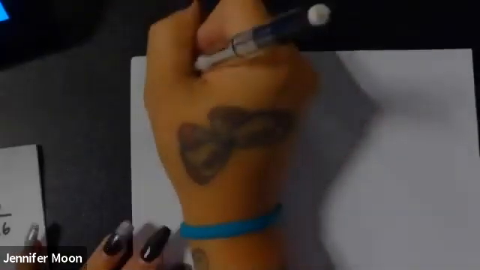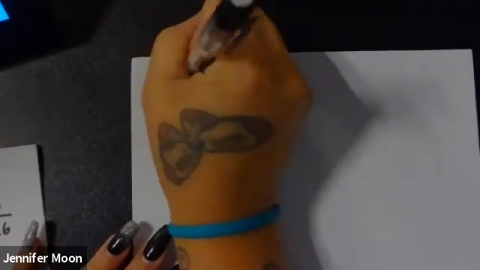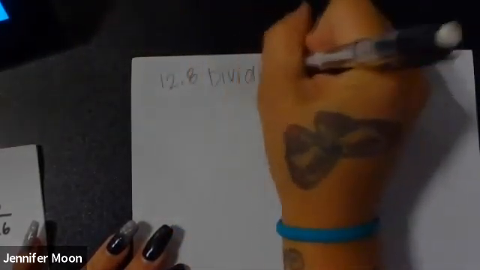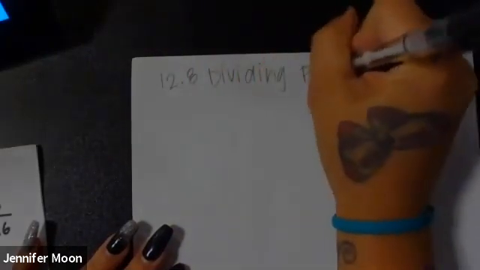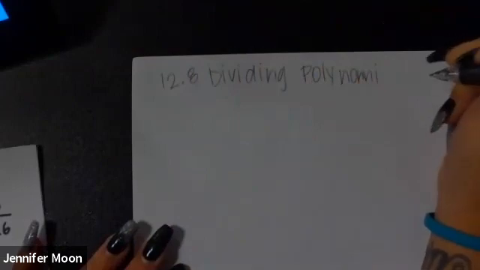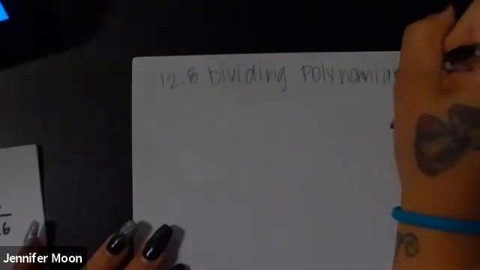It is 12.8 dividing polynomials. Remove this. There we go. Okay. Dividing polynomials. I have a green pencil like this. I think it writes better than this black one's weird.